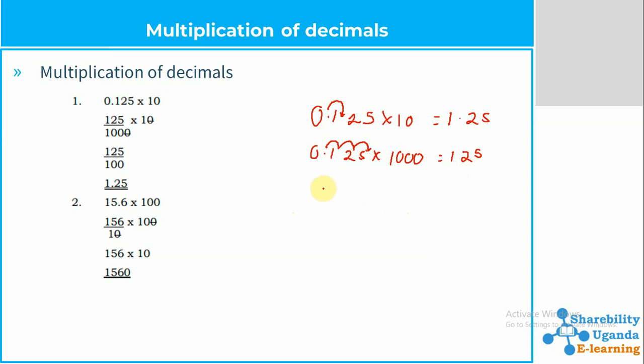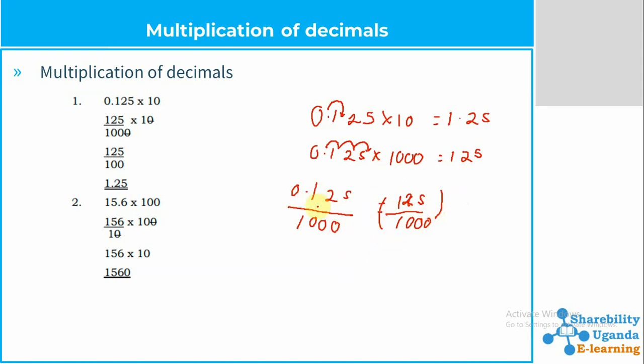Remember in our method of division, if you have been given a number like 0.125, to remove the point we were dividing by 1,000, because it has 3 decimal places. So we could come up with 125 out of 1,000, changing it to a proper fraction. Now for multiplication, it is the opposite.